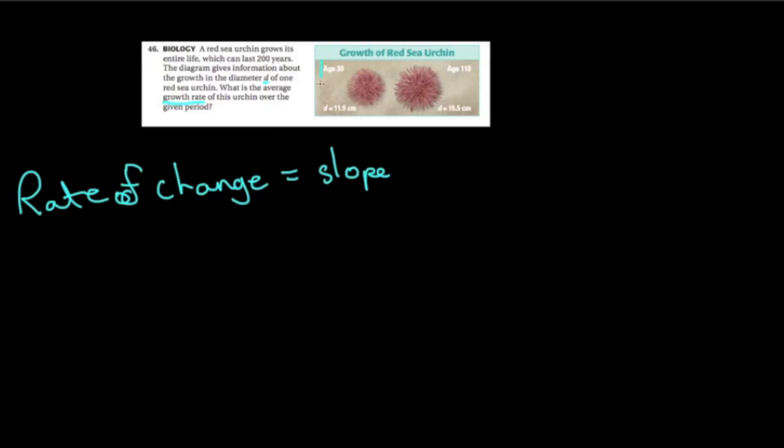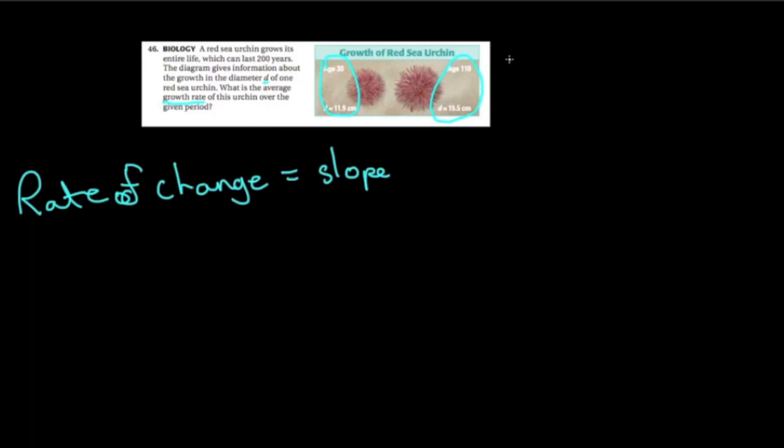So these two things are the age and the diameter of the sea urchin. When it was 30, it was 11.9 centimeters, and when it was 110, it was 15.5. What do you make of this? These are actually coordinates.